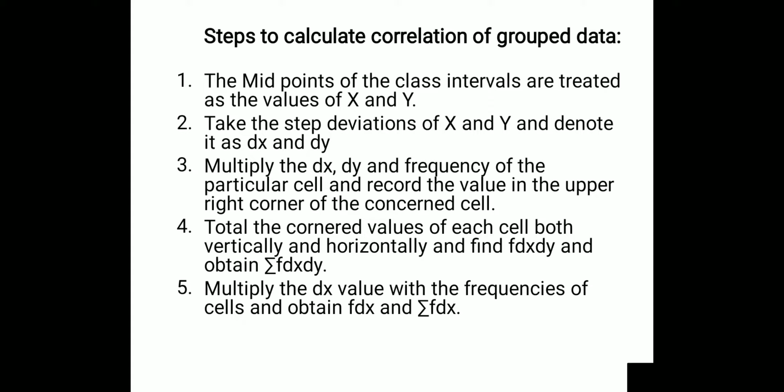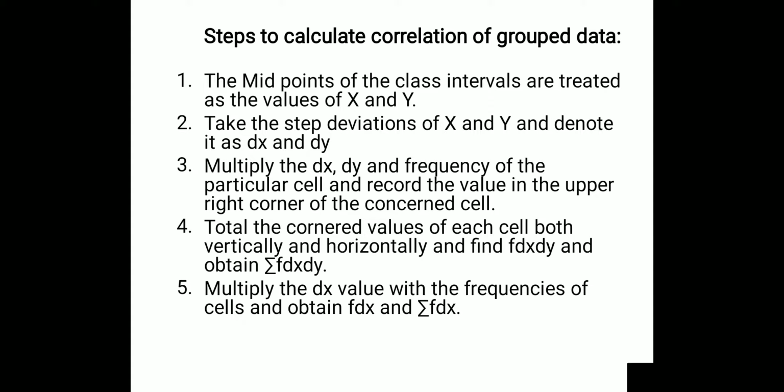Then we have to take the step deviation of x and y and denote it as dx and dy. Multiply dx and dy and the frequency of the particular cell and record the values in the upper right corner of the concerned cell. So we will arrive at f dx dy. I'll explain these in the problem part.